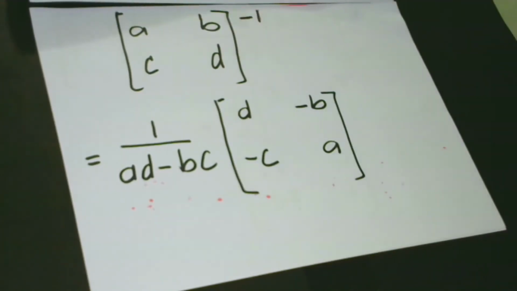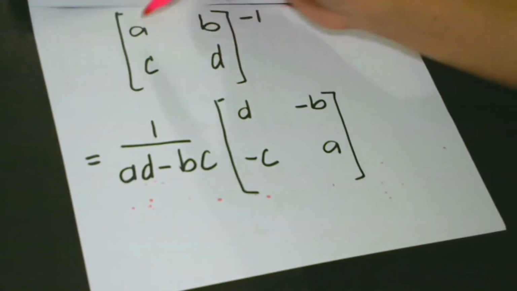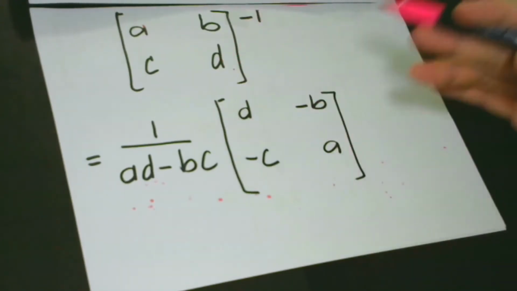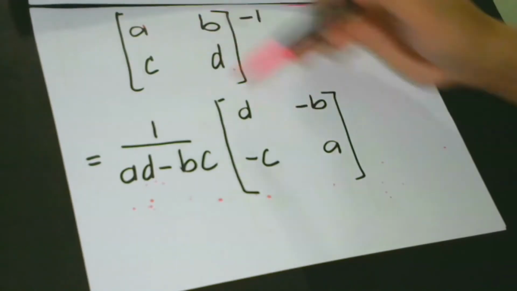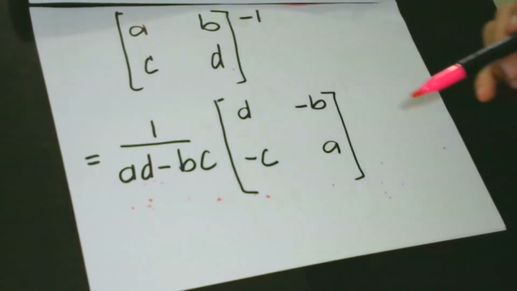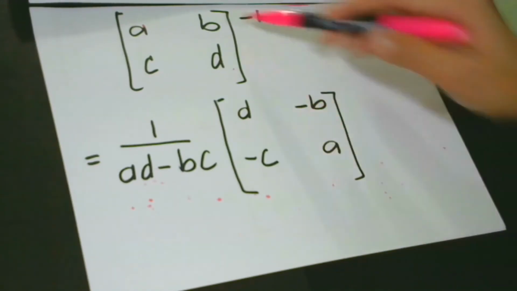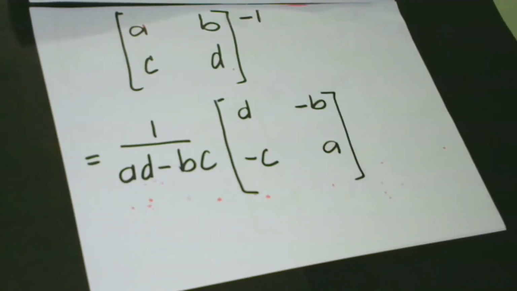So what we do here is that we swap D and A. The D, which is at the bottom right, becomes the value at the upper left. Then for B and C, we just add a negative sign before them. Then after that, we divide everything by the determinant.